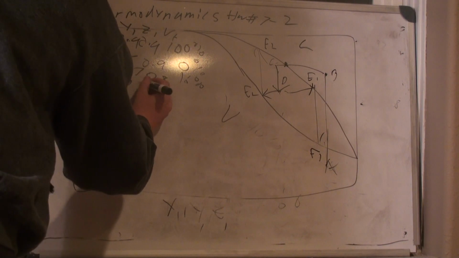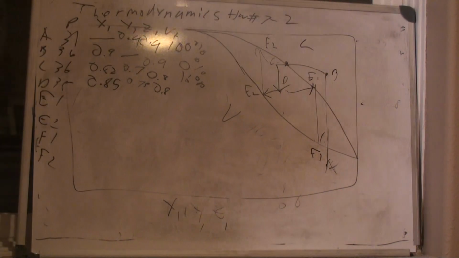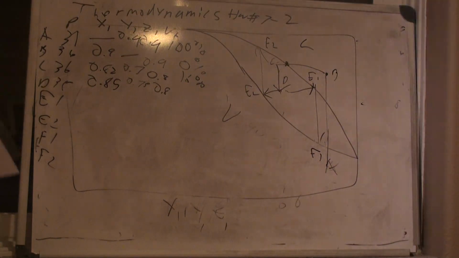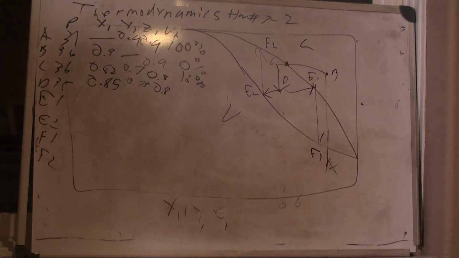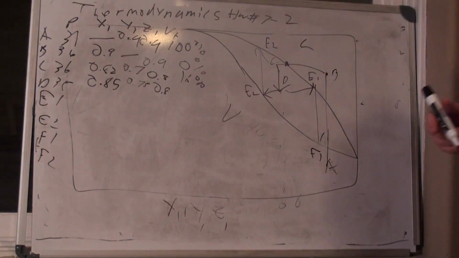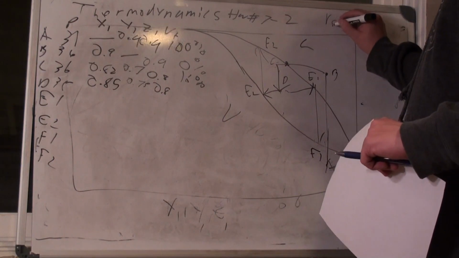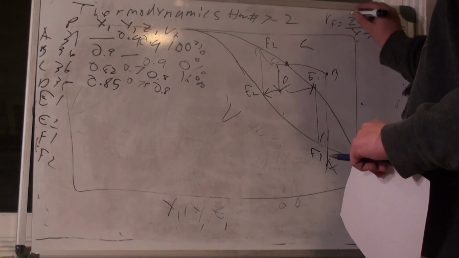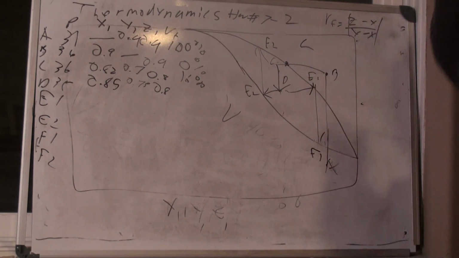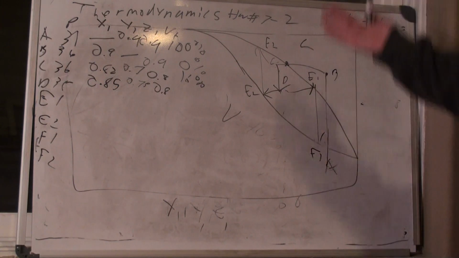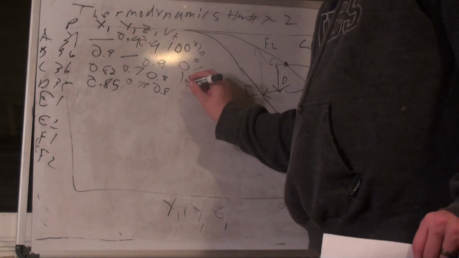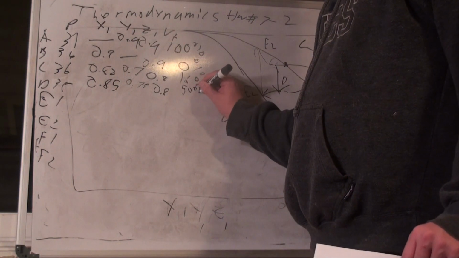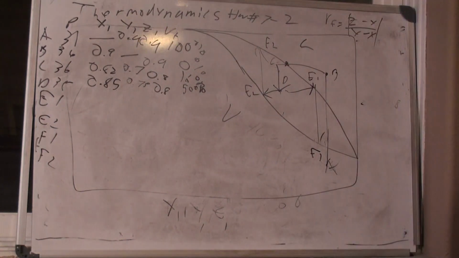I don't even have to do the math to figure out that that's 50%. But let's do the math. Vapor fraction is equal to z minus x over y minus x, absolute value. I plug those in and I get 50%. Because I did that on purpose.